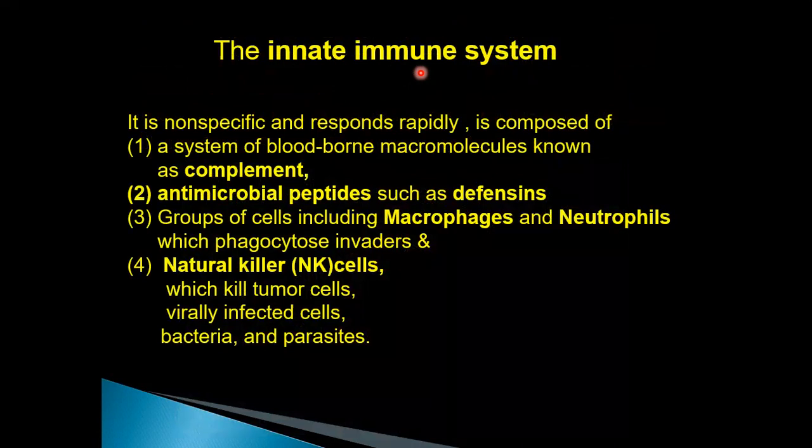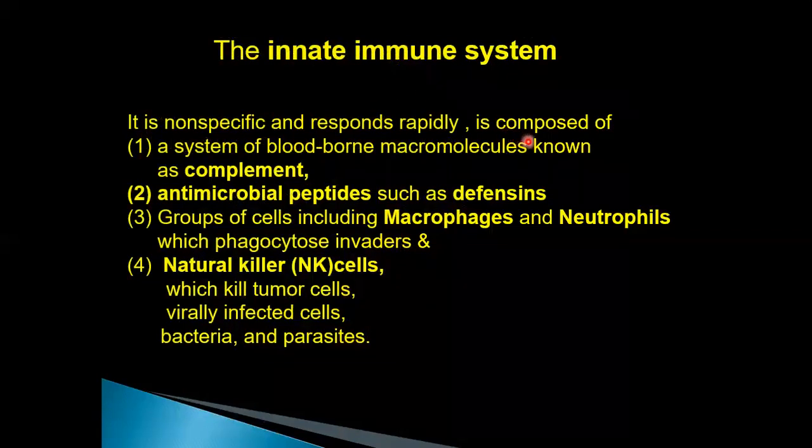Whatever the organism, A, B, C, virus, bacteria, this reaction becomes equally active against all pathogens, all foreign microorganisms or foreign bodies. So this innate immune system is present, number one, since birth. Number two, it is non-specific, equally active against all pathogens, and it responds rapidly.